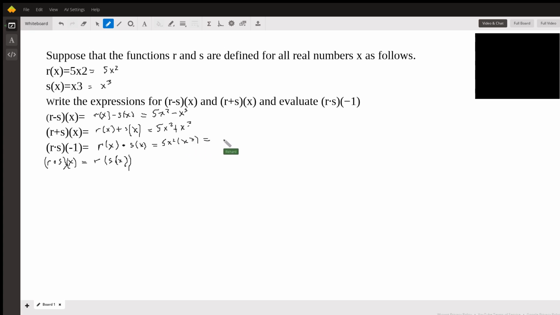And we can write that as 5x to the 5th power. But here we want, the argument here is not a variable, but it's a constant. So what I just wrote here is r of x times s of x, this piece here.